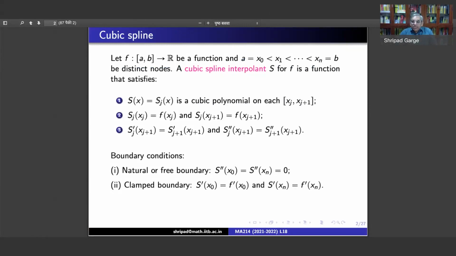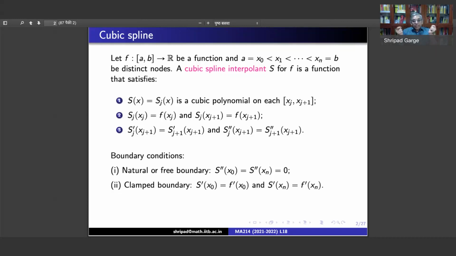A cubic spline interpolant, which we denote by capital S for our function f, is a function which satisfies, first of all, that on each subinterval xj to xj plus 1, it's given by a cubic polynomial, and these cubic polynomials have the property that they of course interpolate the function on these 2 points xj and xj plus 1.